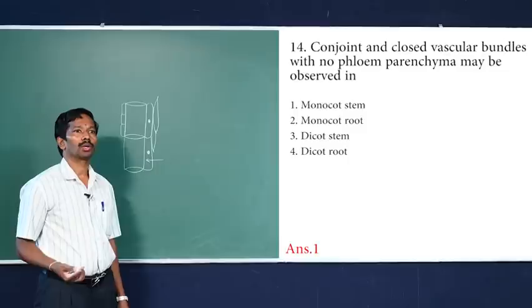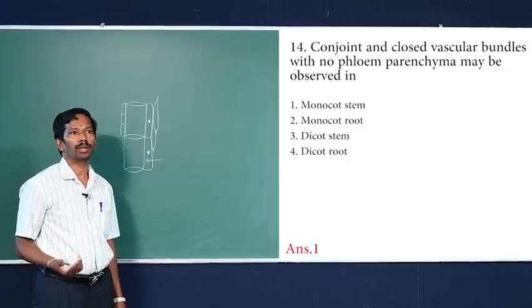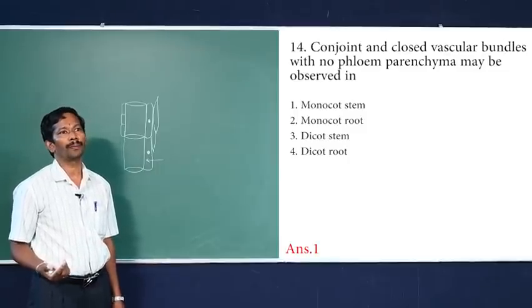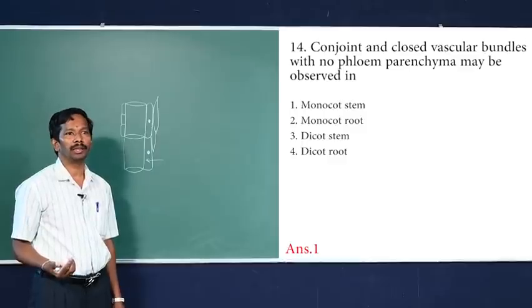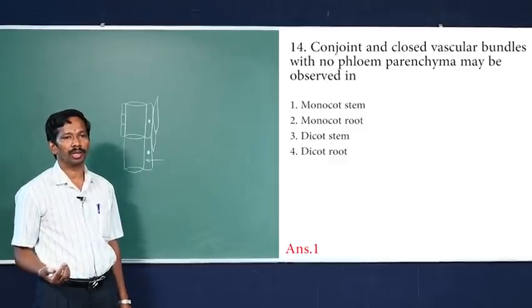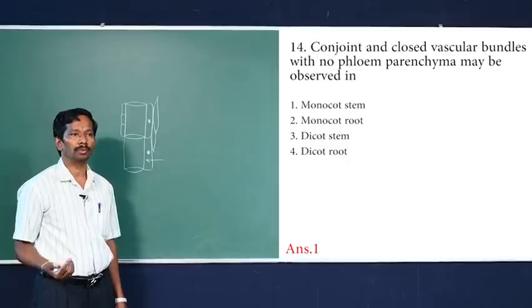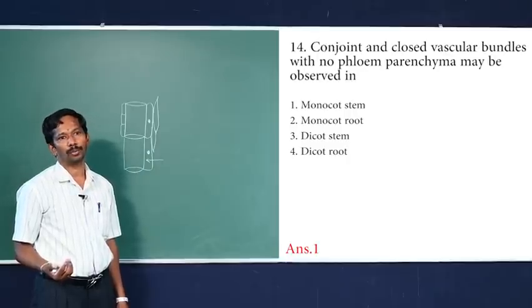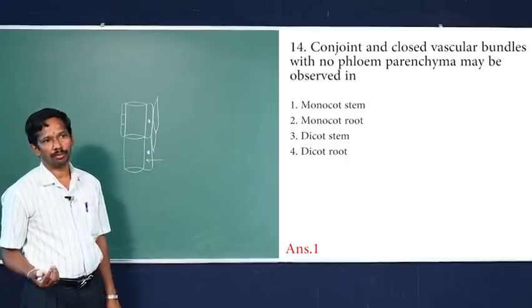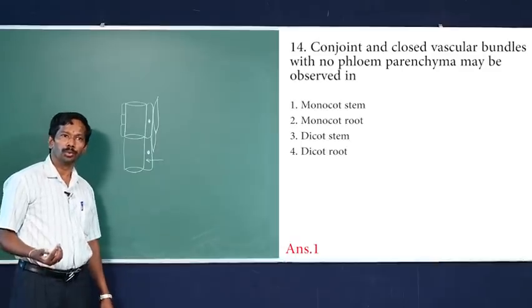14th question. Conjoint and closed vascular bundles with no phloem parenchyma may be observed in option 1 monocot stem, option 2 monocot root system, option 3 dicot stem, and option 4. It is an observation as far as sectional view is considered.